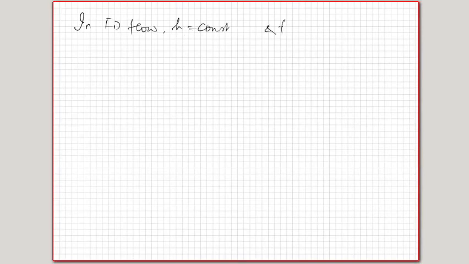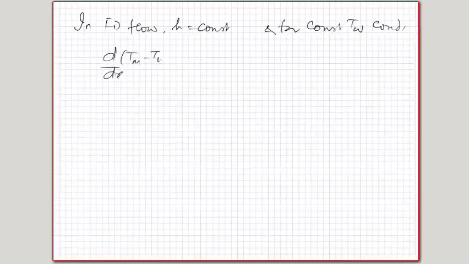and for constant T wall condition, we can write d by dx of T mean minus T wall, because T wall is a constant, subtracting it will not change the left hand side.